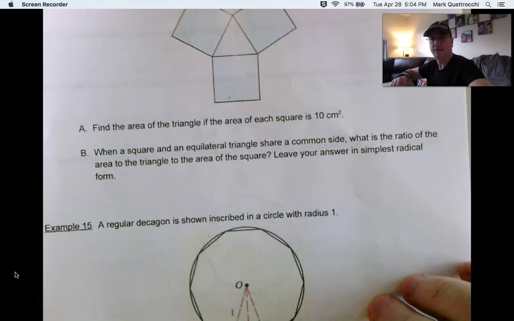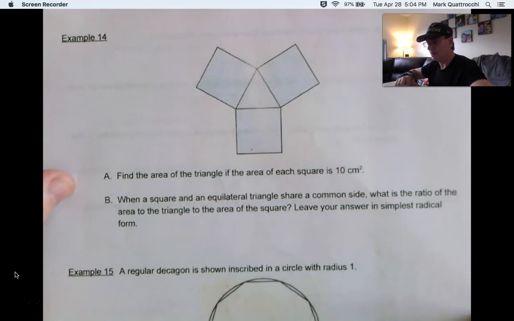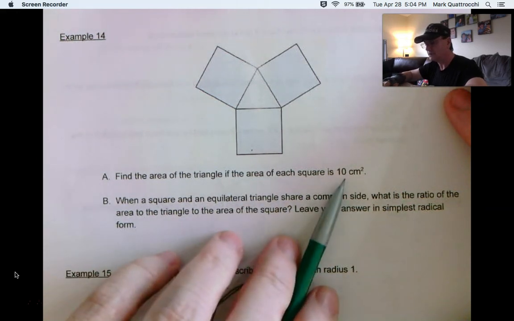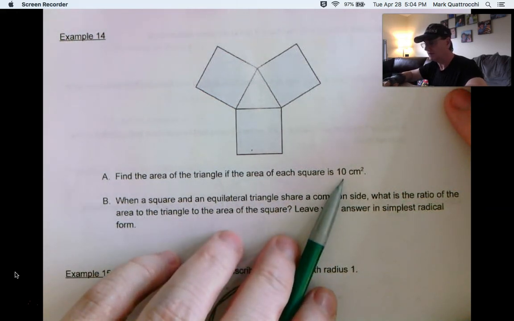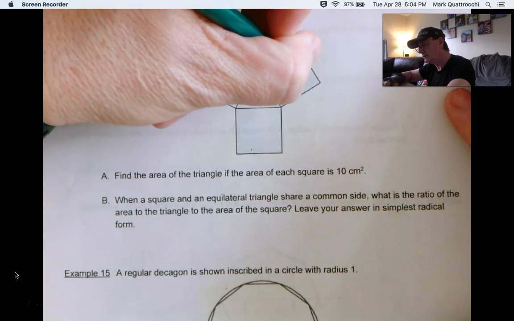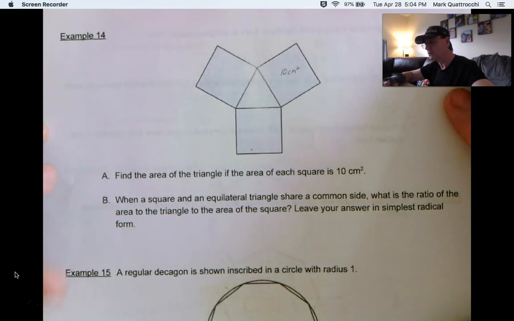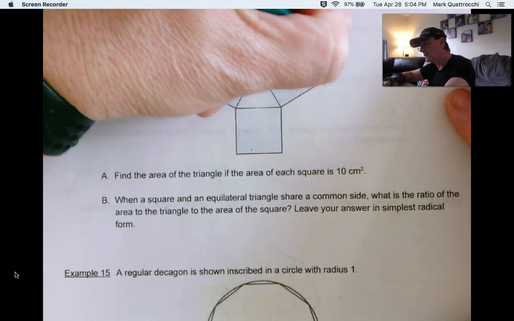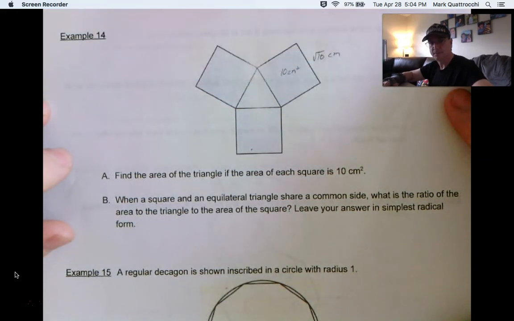Example 14. Find the area of the triangle if each square has an area of 10. So this is 10 centimeters squared. So if that's 10 centimeters squared, then the side is square root of 10 centimeters.